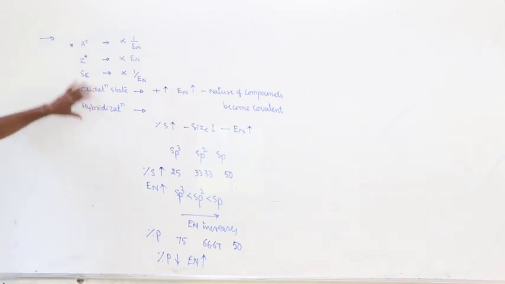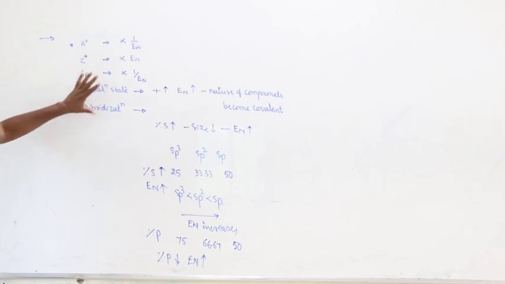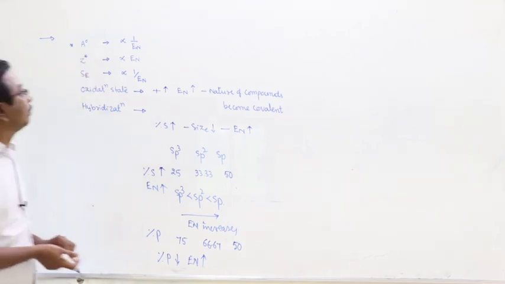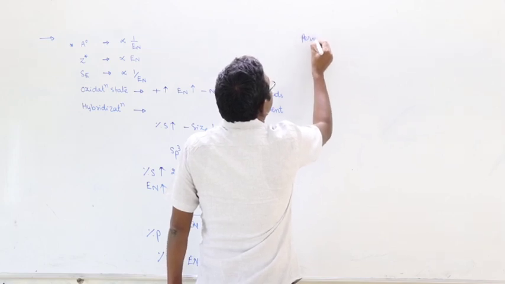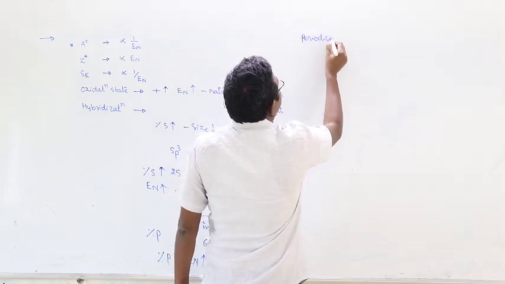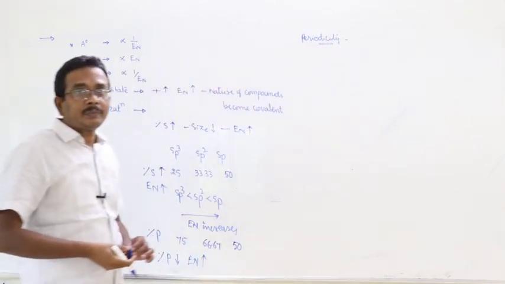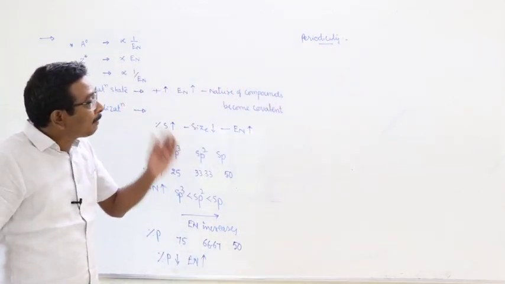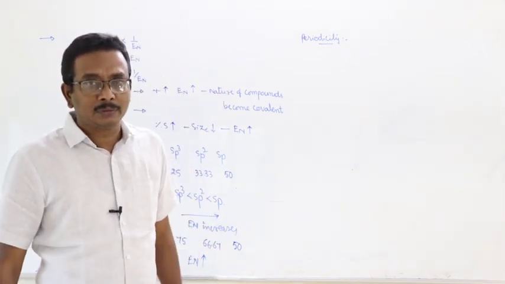This is about the factors that are affecting the electronegativity. Very good. And now, what about the periodicity? After completion of the periodicity, we can give some statements also.